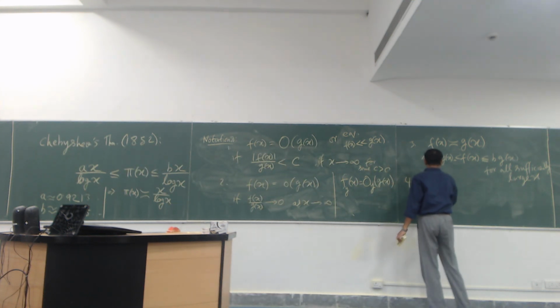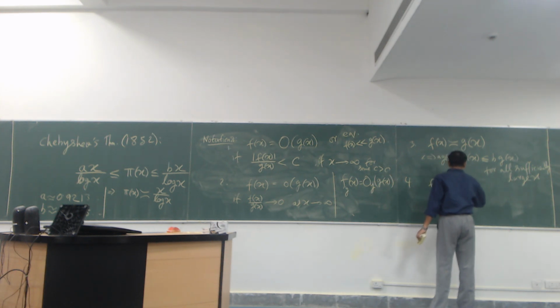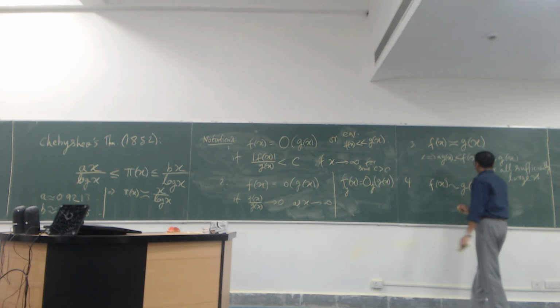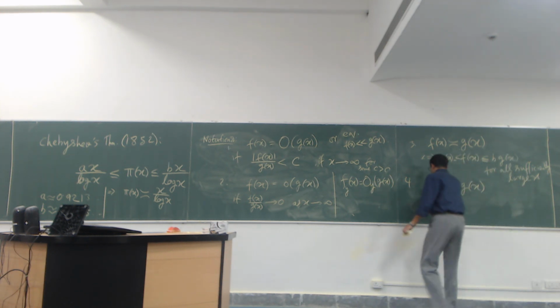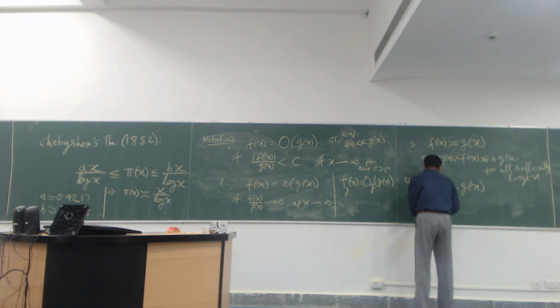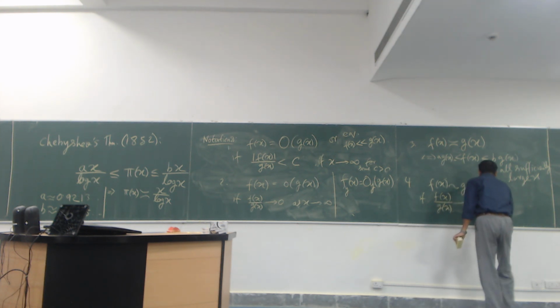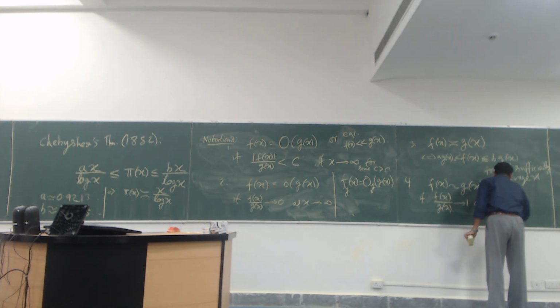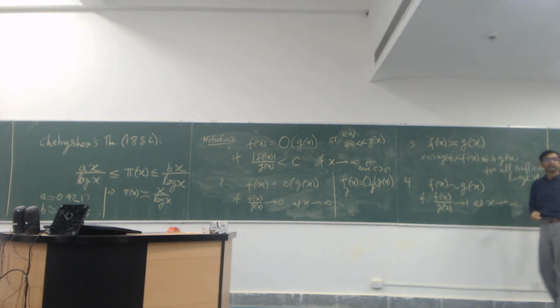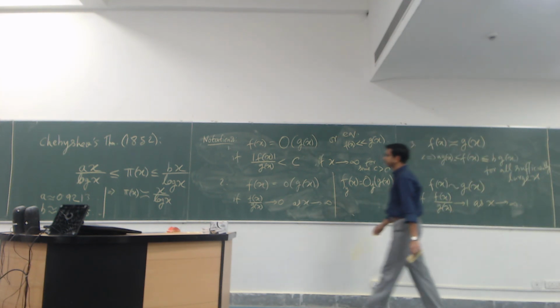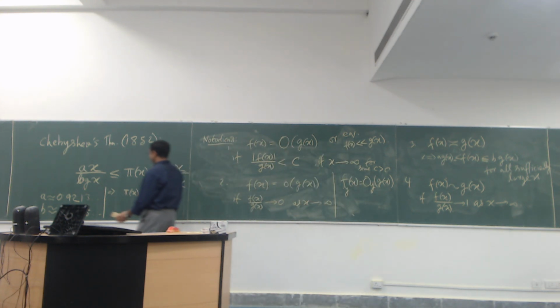And the fourth one is that f(x) is of the order g(x) if f(x) by g(x) is equal to 1 as x goes to infinity. So these notations we will use often.